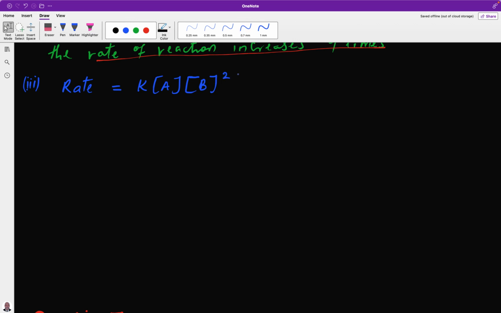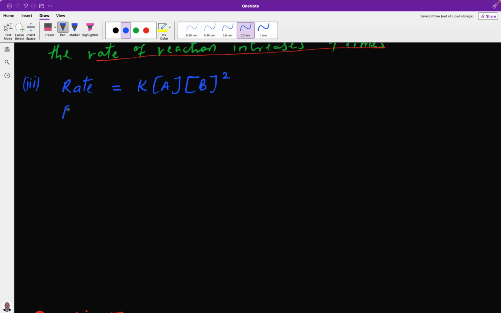But we have been told how the rate is affected when the concentration of both A and B are doubled. So now the next thing is, let's see the change in it.